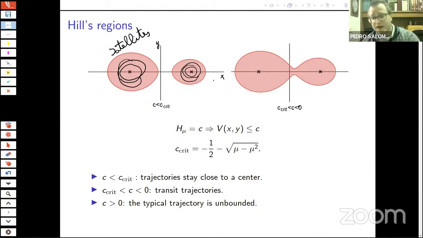But for higher energies, meaning energy above the critical value, which is given by this value that depends on the mass ratio, these components get connected. And then we start to see trajectories that go from one side to the other. These trajectories are called lemniscates.